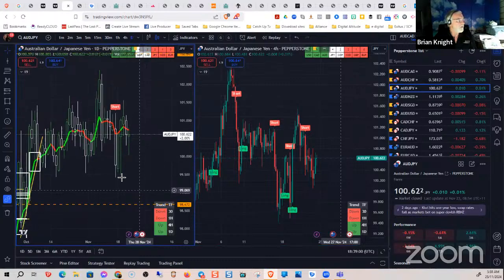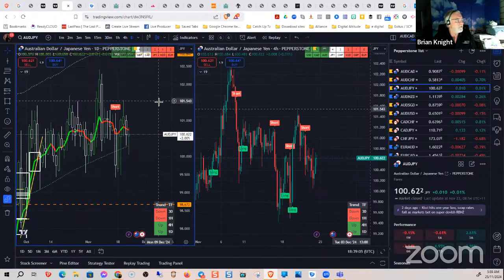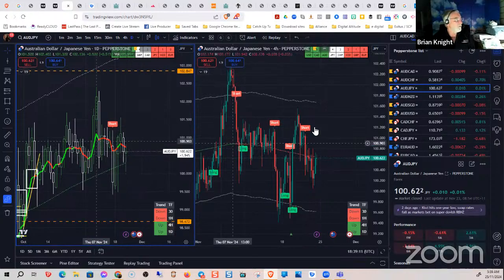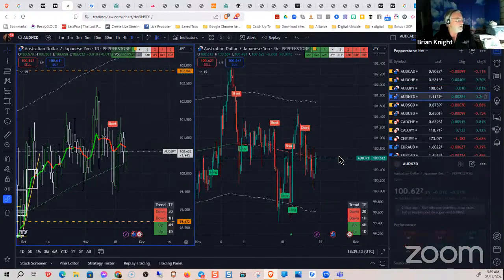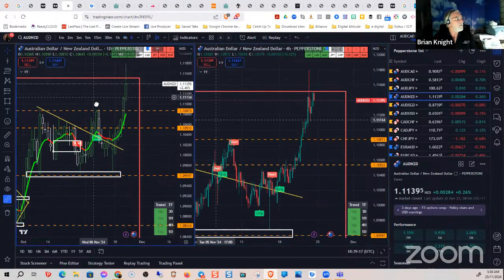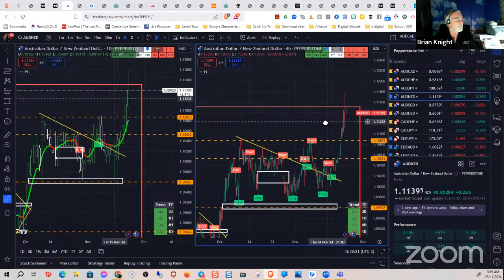Again, same sort of thing, everything's sort of sideways at the moment from a daily perspective anyway. Like AUD, that was quite a substantial move. Right, so it made a new yearly high.